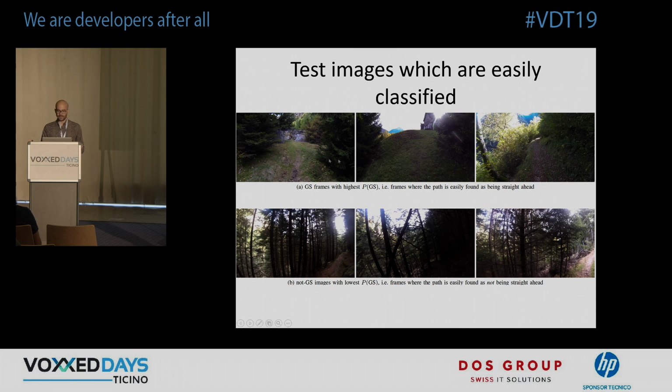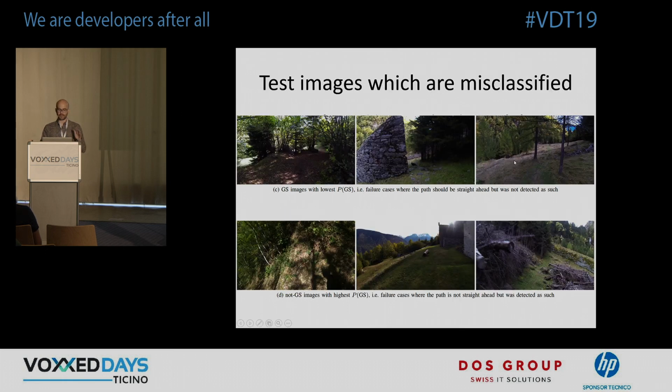So these 3 frames on top, they are frames where the trail is going straight, and our neural network is, no, actually, these are mistakes. These are frames where the neural network didn't think that the trail is going straight ahead, but in fact, there is a trail going straight ahead. So these are mistakes. And the ones on the bottom are also mistakes.